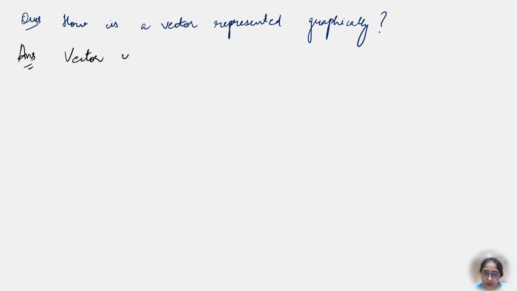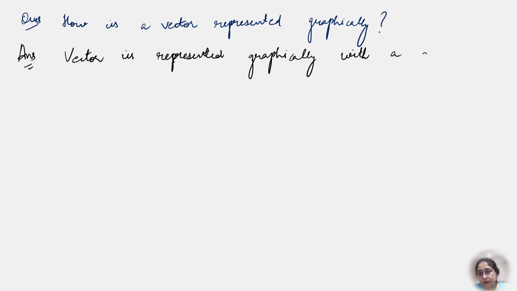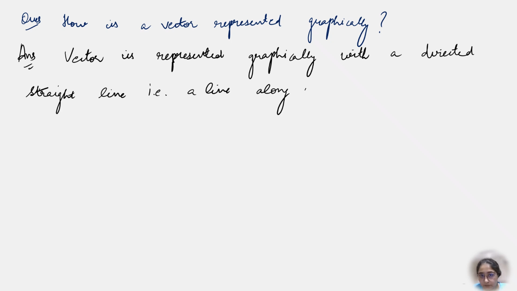Vector is represented graphically with a directed straight line, that is, a line along with an arrow.